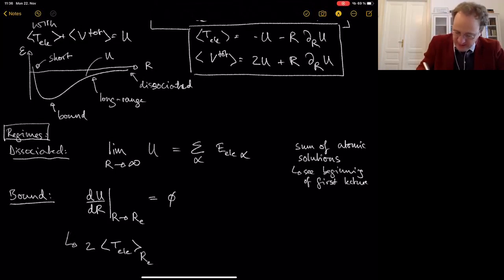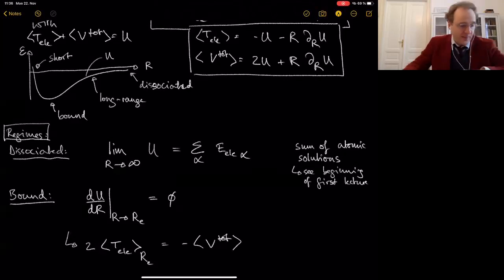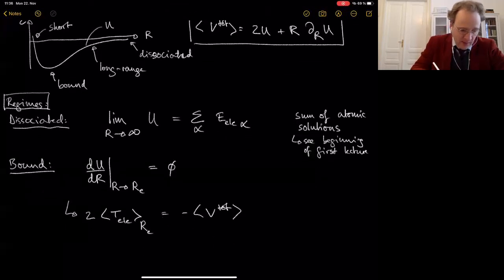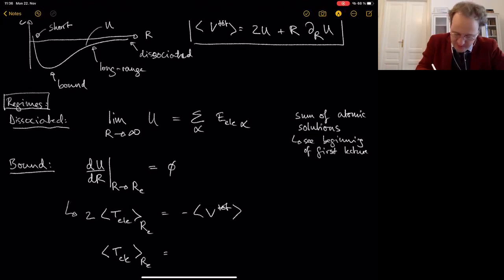So at Re, your kinetic energy is the same as the total potential energy, and it also, if we make use of above equations, we can also see that this must be the same as the equilibrium, the total equilibrium energy.